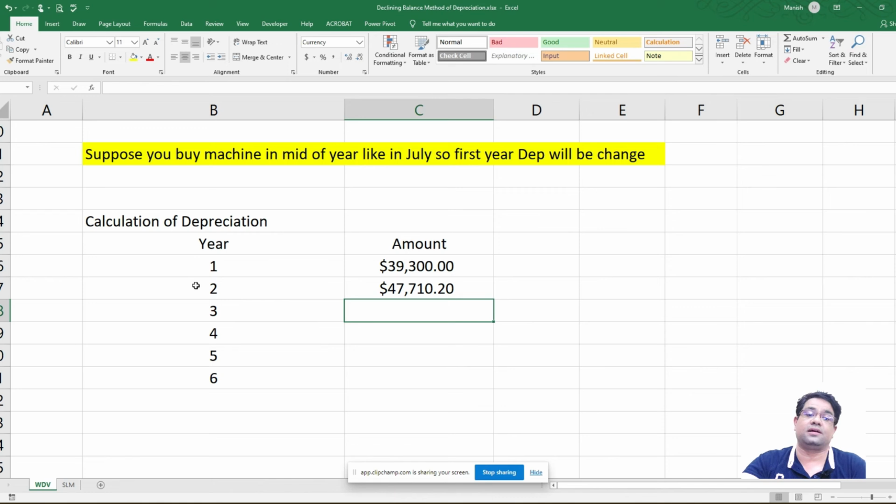Second year depreciation for this asset is $47,710.